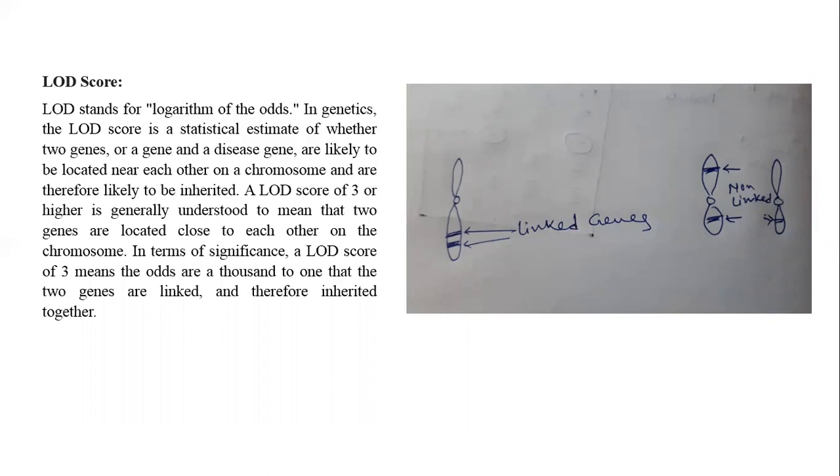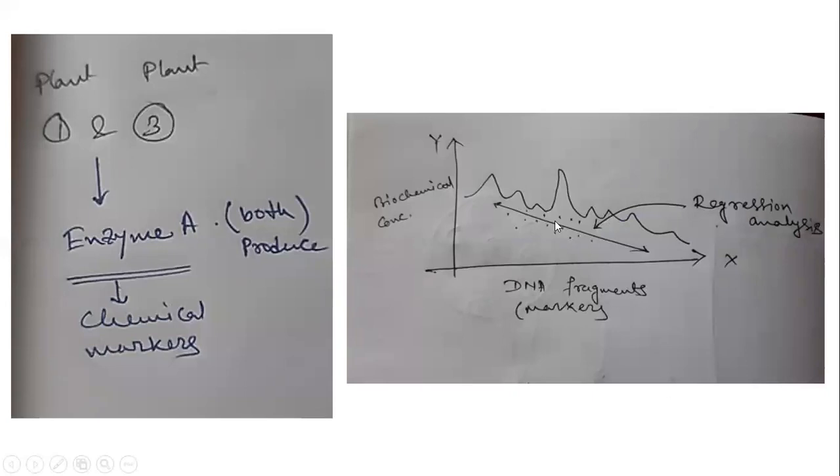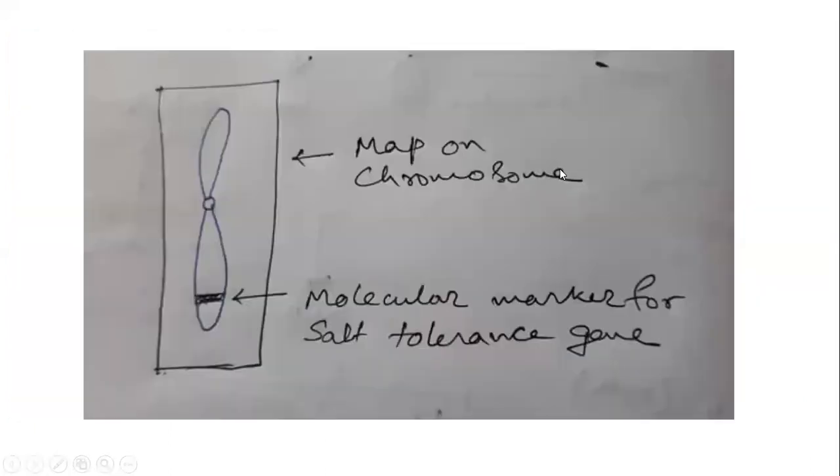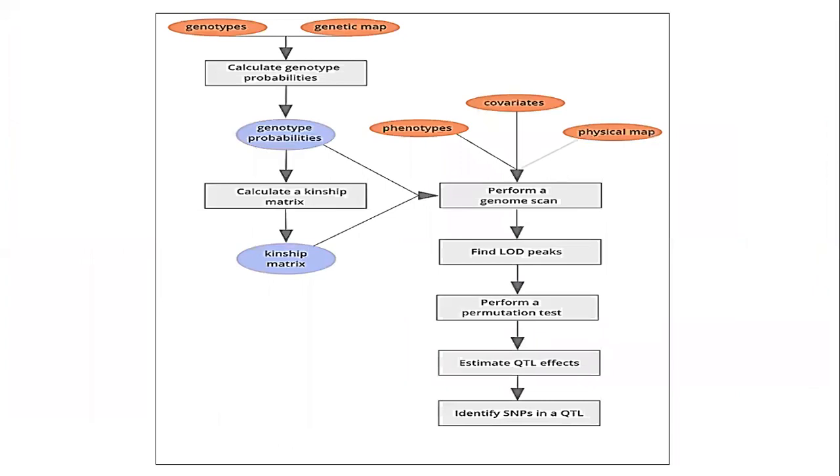The higher the LOD score, the higher the chance of co-segregation, and this can be plotted in this graph. If we look at the peak, I can say that this point can be co-segregated for these DNA markers and these biochemical markers, and this has the highest value of LOD score.